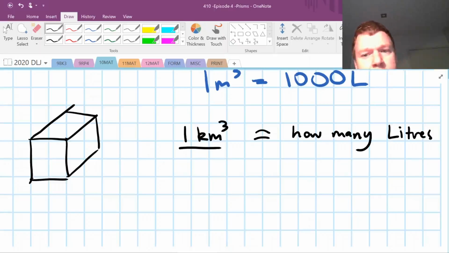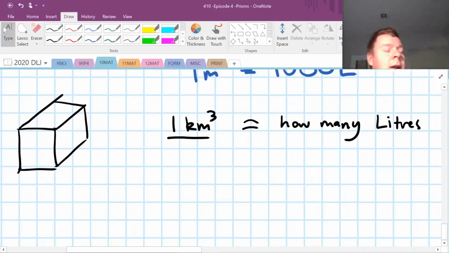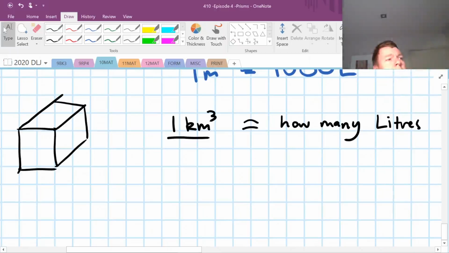How many liters of water could fill up the inside of this mountain? I might just leave that problem for 2 minutes, see if anyone can come up with the answer, and then we'll work out what to do from there. And while you're doing that, I might try and find you guys some homework to do.